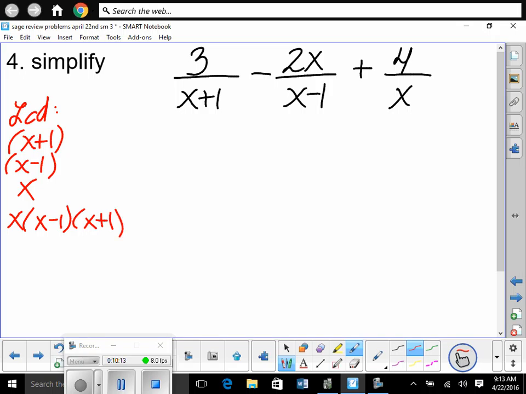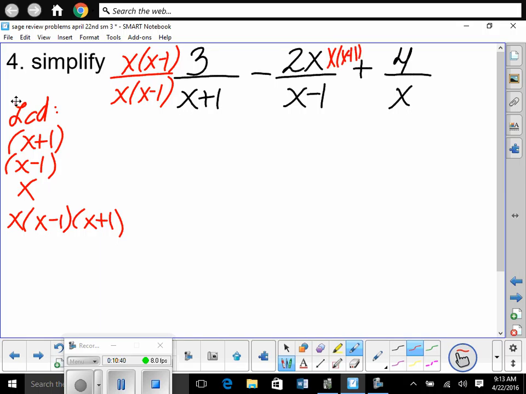So we're going to have to manipulate this accordingly. All the denominators need to look like this. So looking here, we have x plus 1. What do we need? X and x minus 1. So we're going to multiply that x and x minus 1 to the top and bottom. So everybody good? Let's look right here. What do we need to multiply by? An x and an x plus 1, right?